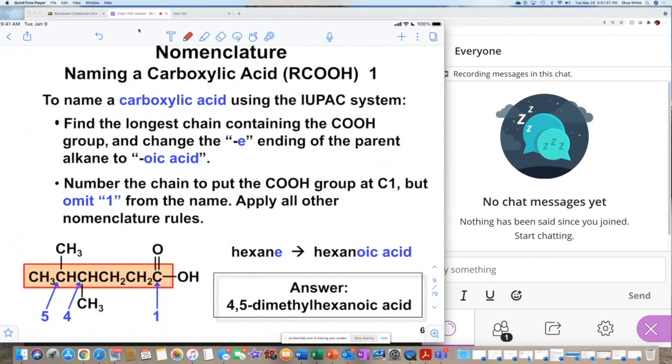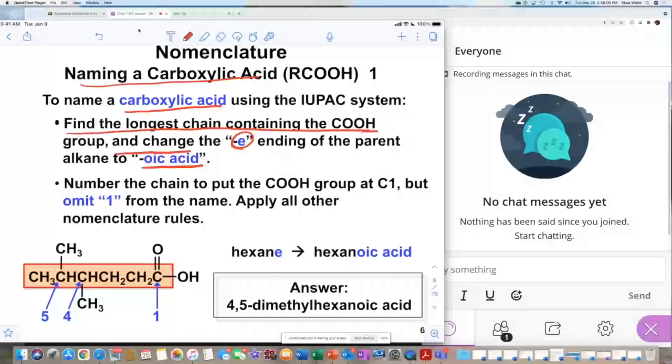Right after the structure, we now move on to naming carboxylic acids. We will name carboxylic acids using the IUPAC system we saw before. So we'll name the longest chain containing the carboxylic carbon, the whole group, and then name it like we would an alkane, replacing the E with O. All of these compounds end with oic acid.